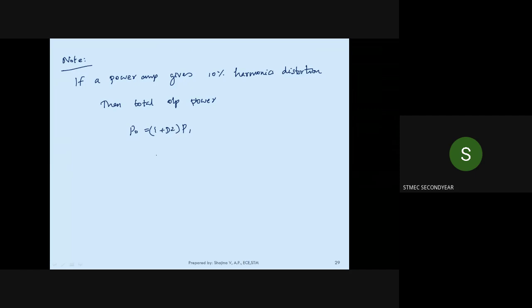So I can write it as, 10% means d is 0.1, right? So instead of d, I am substituting 0.1 square into P1. So this will be equal to 1 plus 0.1 square, that is 0.01, into P1, or this is 1.01 into P1.